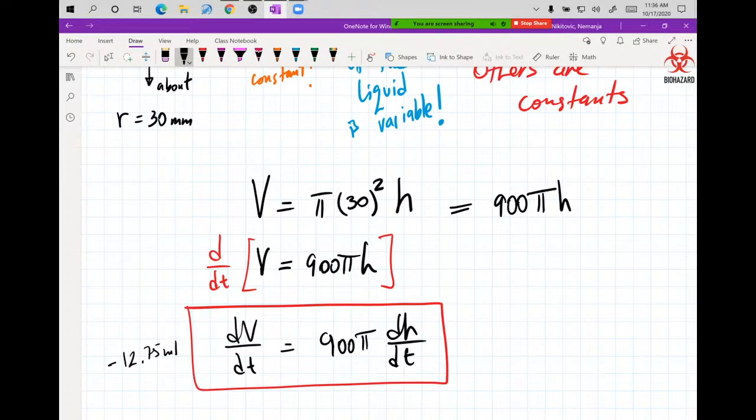And this is already in millimeters squared. Remember, you took 30 millimeters and you squared it. You get your dh/dt, which is the height. You have all of these things. You just plug in the numbers and you get whatever you need, right?